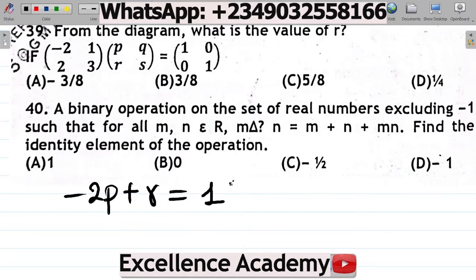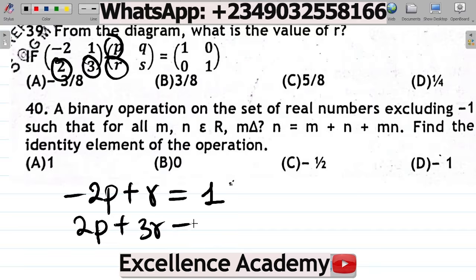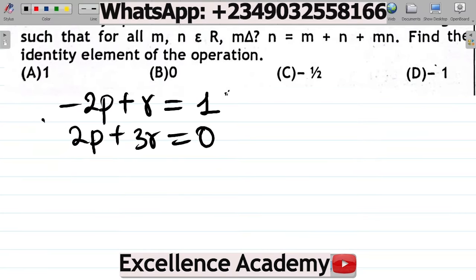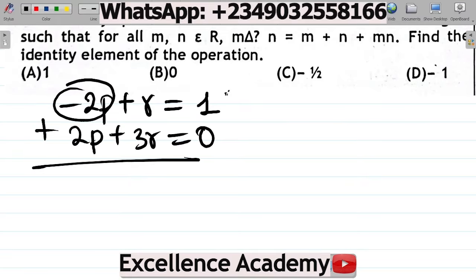Use the row to multiply the same column, and that becomes 2 times p, which is 2p, plus 3 times r, which is 3r, is equal to what you have at this point here, which is 0. Now, if I add this up, what you have here is minus 2p plus 2p, that gives you 0, so it's off.